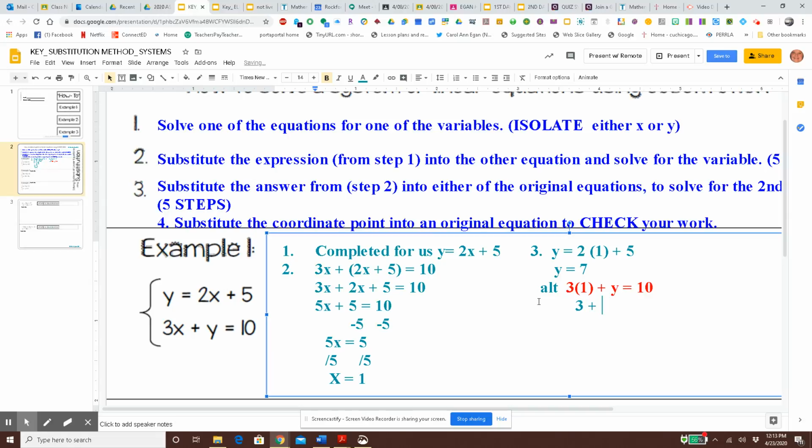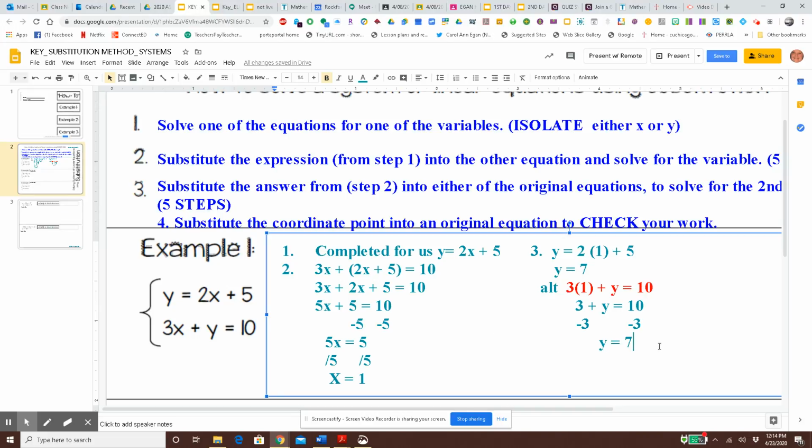So 3 plus y equals 10. I have to subtract 3 from both sides to get y by itself. I'd be left with y equal to 7.